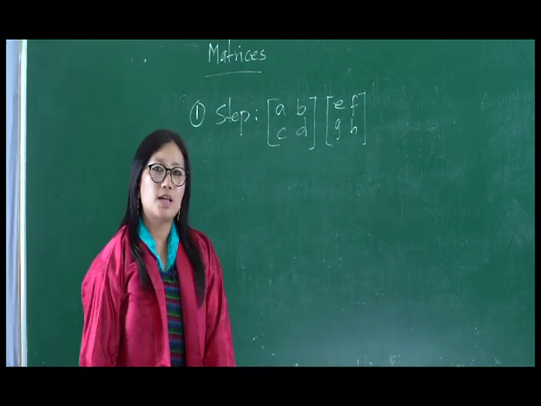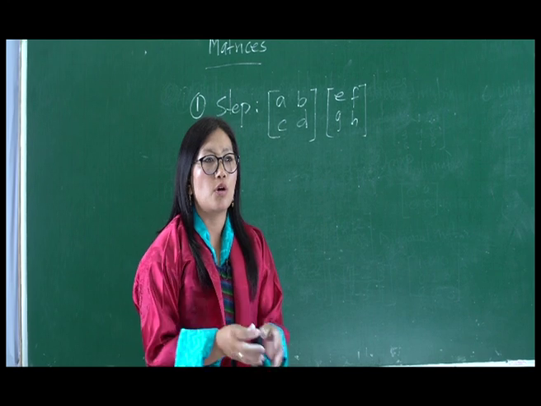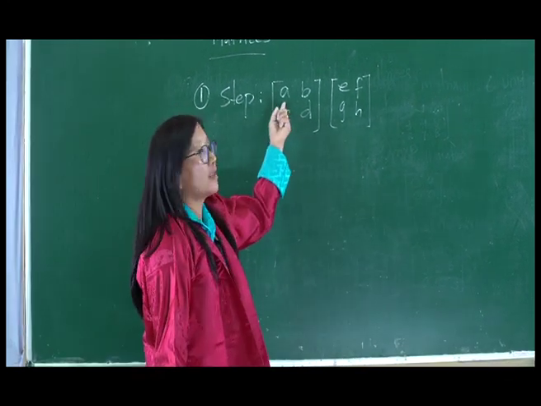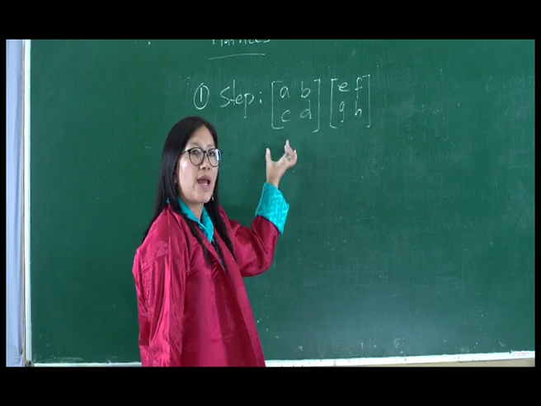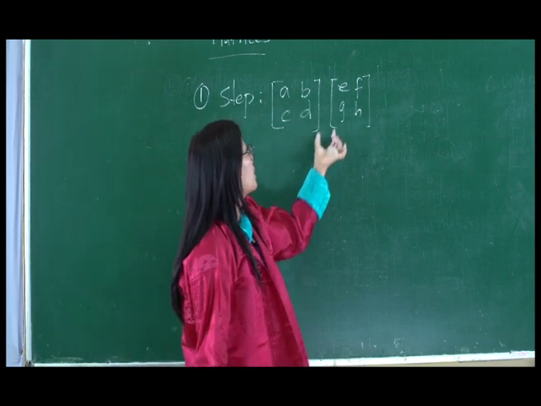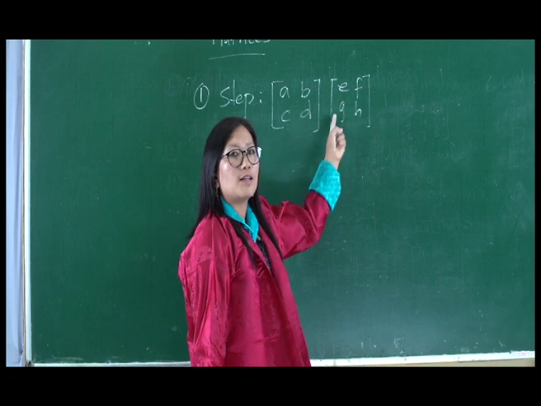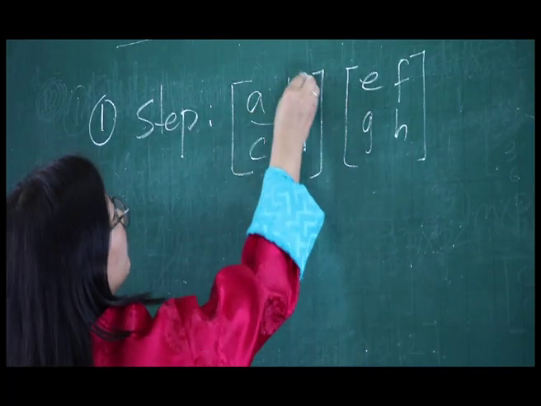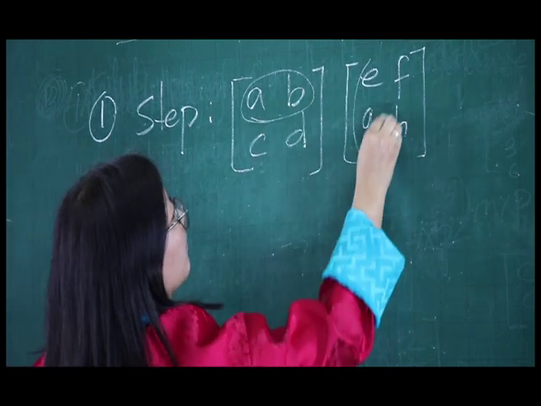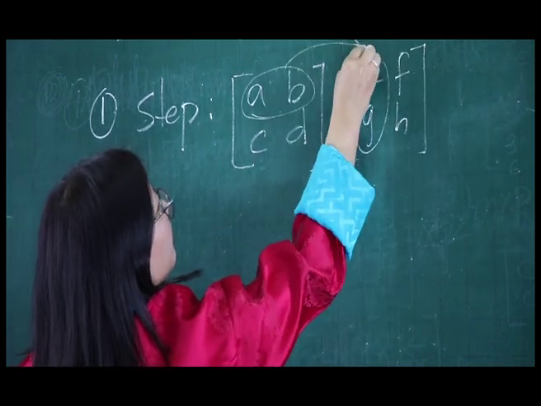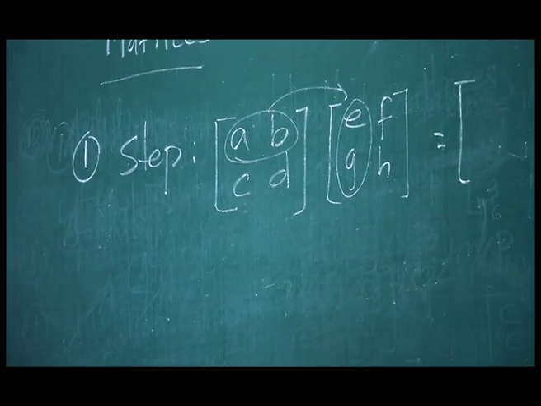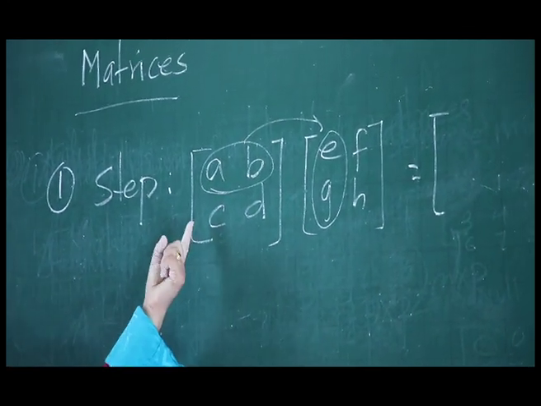Alright, the first step that you need to keep in mind when you multiply matrices is that the elements in the first row of the first matrix have to be multiplied by the elements in the first column of the second matrix. Look carefully here.